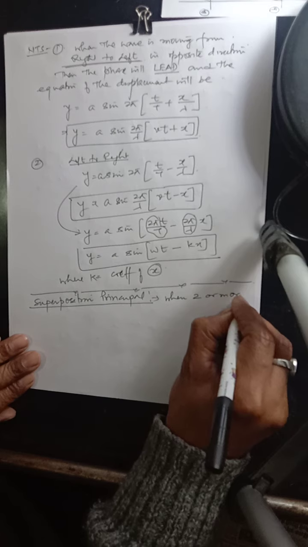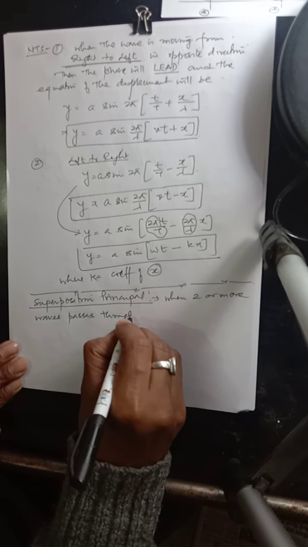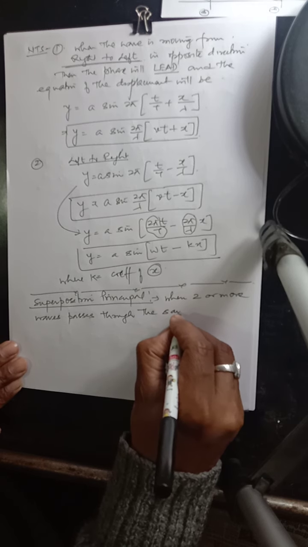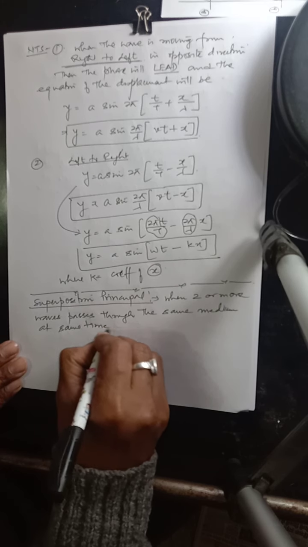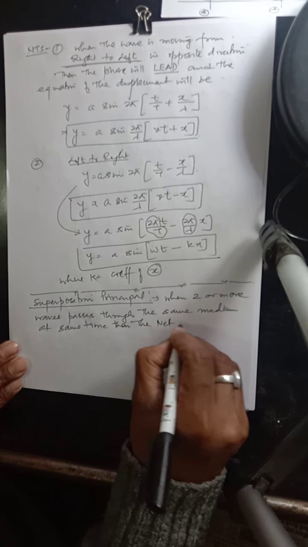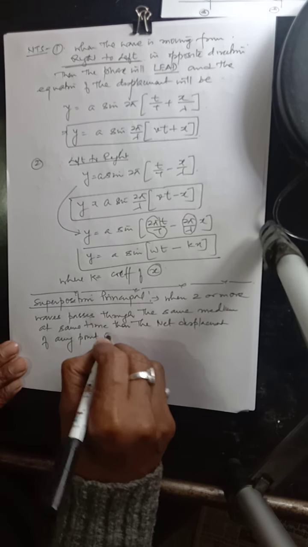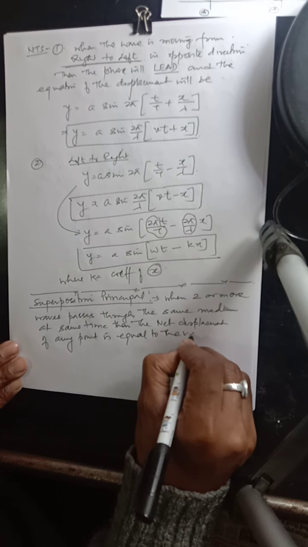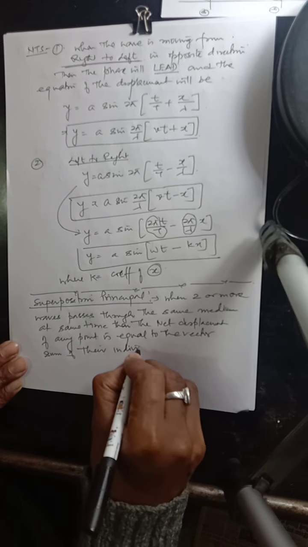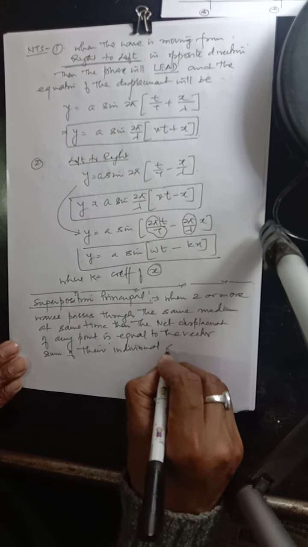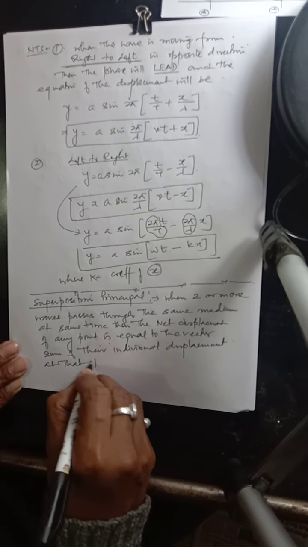When two or more waves pass through the same medium at the same time, then the net displacement of any point is equal to the vector sum of their individual displacements at that point.